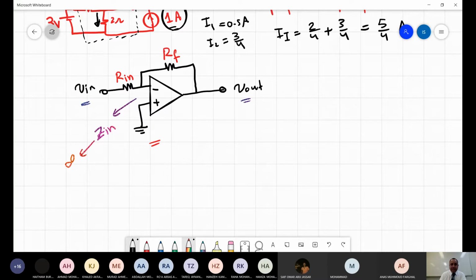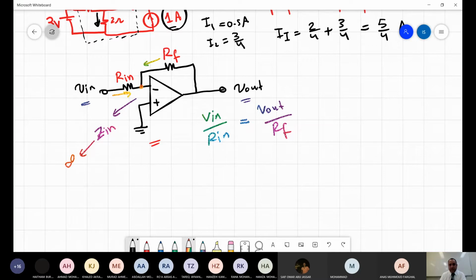Zn, and this in theory goes to infinity, which means that this is a node, and now I can calculate a current here and a current here. So I will say that the current Vn over Rn must equal, according to KCL, V out over RF, and all the currents are in the node.